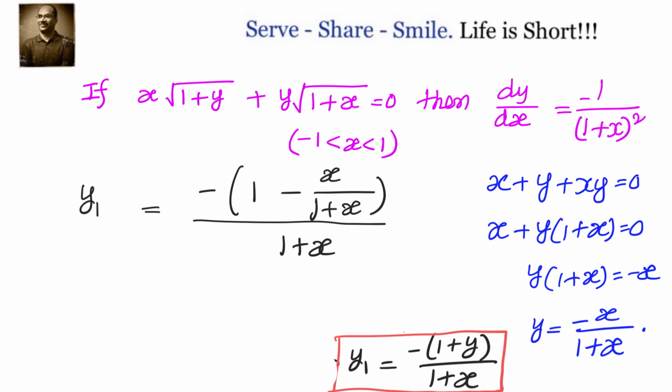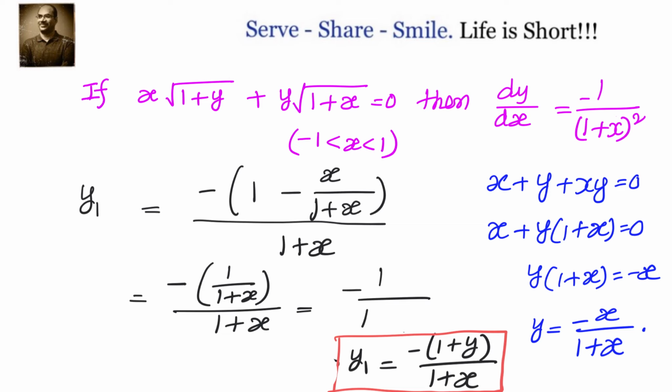We will have -[(1+x-x)/(1+x)]/(1+x), that is (1/(1+x))/(1+x), which is nothing but -1/(1+x)². So, if x√(1+y) + y√(1+x) = 0, then dy/dx is -1/(1+x)².